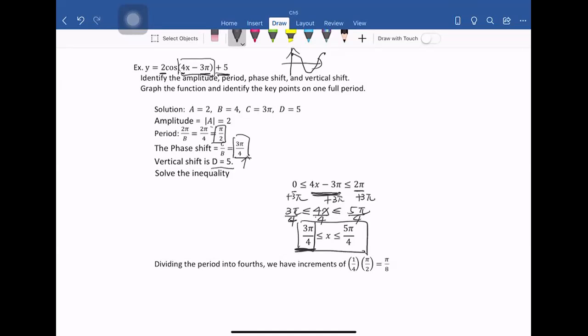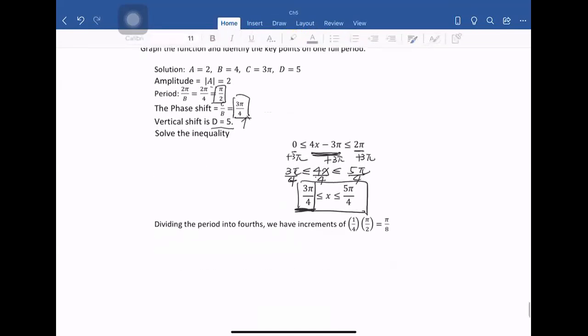So next step, we multiply 1/4 by the period. So this divides the one full cycle into 4 equal parts. That's pi over 8. Let's see our x values. The first point is 3 pi over 4. And the second one is 3 pi over 4 add pi over 8.